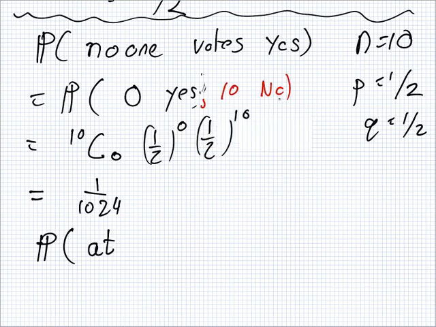This is what I want. So this is not very likely, because if each person has a 50-50 chance of voting yes, if all 10 of them say no, that's not likely. That's like you flip a coin 10 times and you get 10 heads. It's not likely. This is why it's so small. Okay, try this one for me.